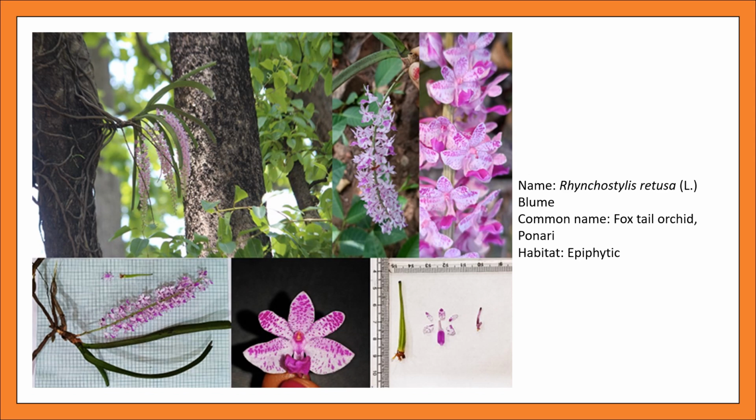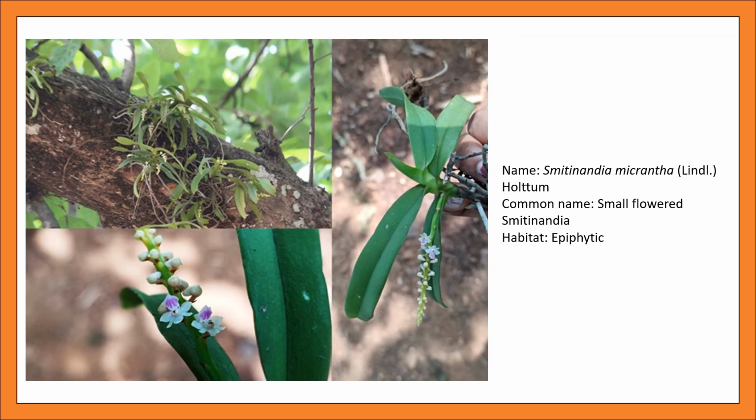This is the foxtail, Rhynchostylis retusa. It is epiphytic and culturally it is very important. Everyone knows about the Bihu of Assam. This is another species having small flowers, small flowered Smitinandia. A very good population we have observed in Bonai Forest Division.